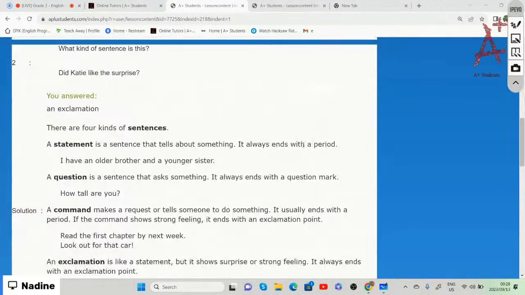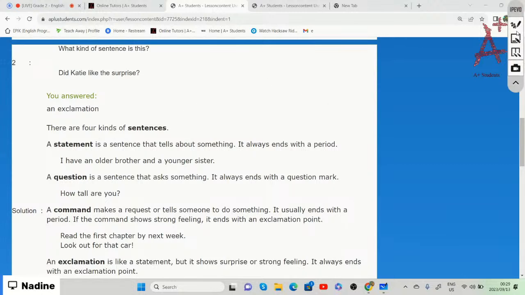Did Katie like the surprise? We need to say what kind of sentence this is. In this case, the sentence ends with a question mark, which means that it is asking a question.